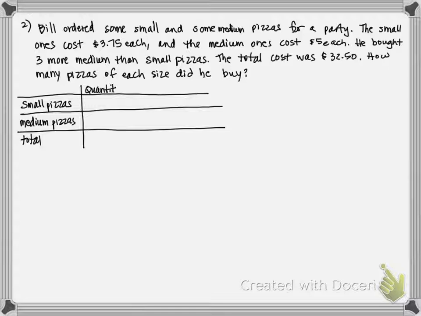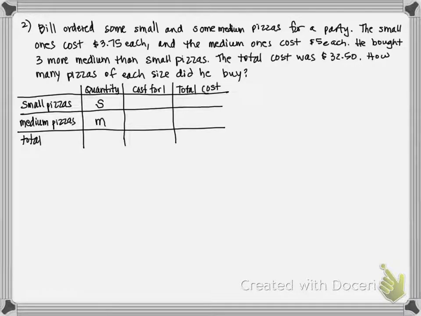Now this is where we're going to have a change. It's going to be cost for 1, because value doesn't make sense, not in this case. So then we're going to have total cost. So we're buying something. Okay, so I'm going to use S for small pizzas and M for medium pizzas. Now, just be forewarned, your S could look like a 5, so be very cautious.